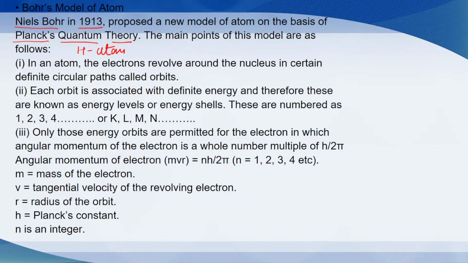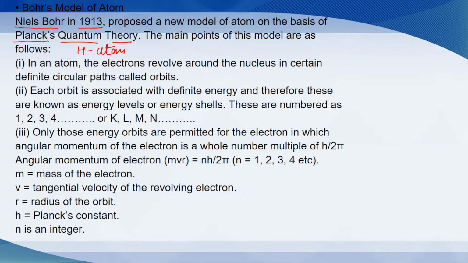Okay, so what I said, that in order to overcome the limitations of the Rutherford's atomic model, Niels Bohr in 1913 proposed a new model of the atom on the basis of Planck's quantum theory.